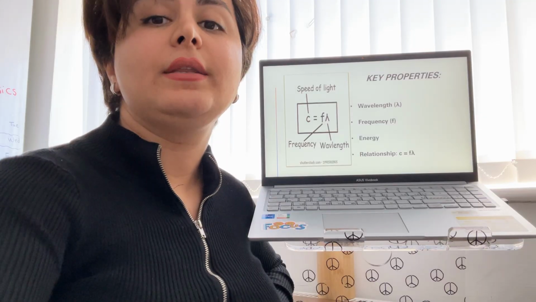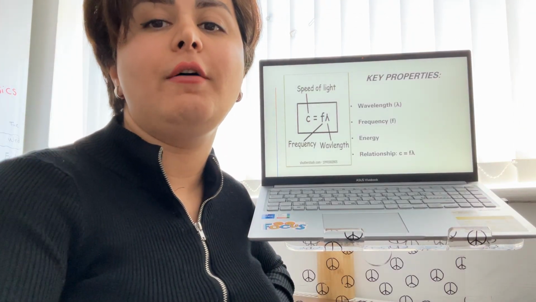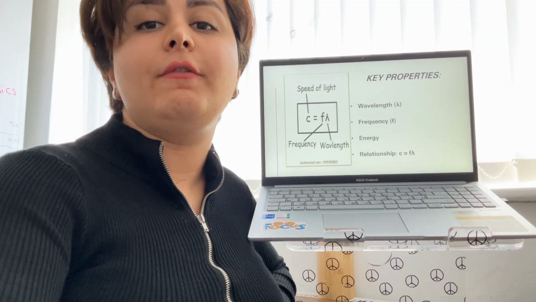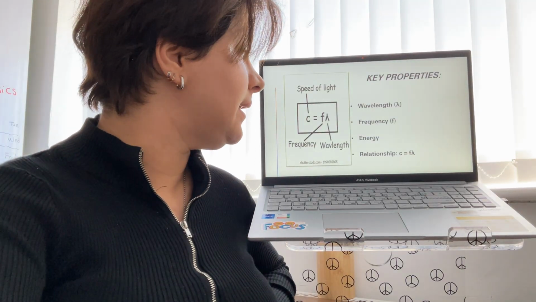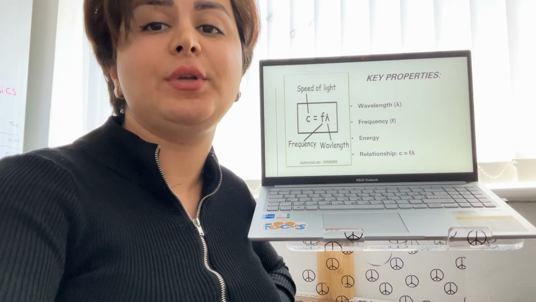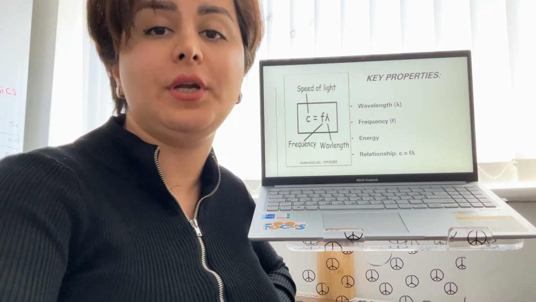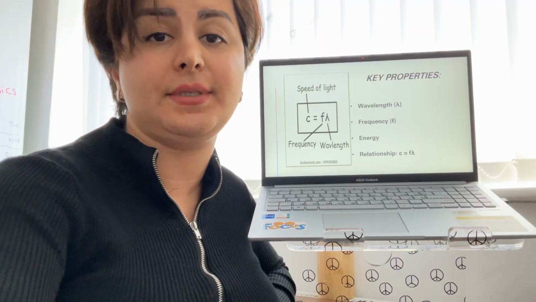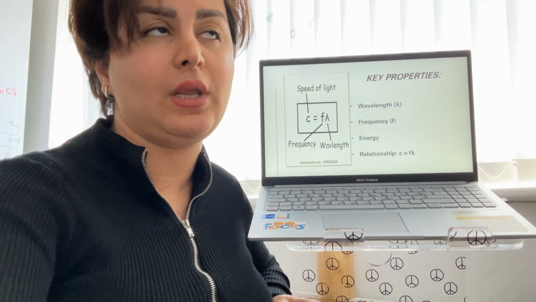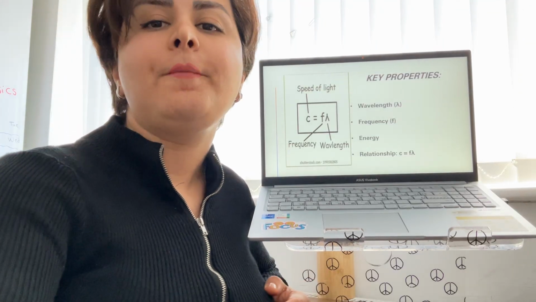So, the main properties of electromagnetic waves are wavelength, frequency, and energy. Wavelength is the distance between two peaks, while frequency is how many waves pass a point each second.